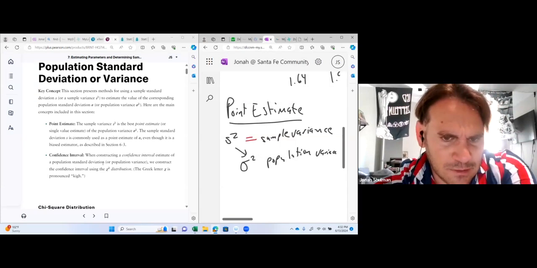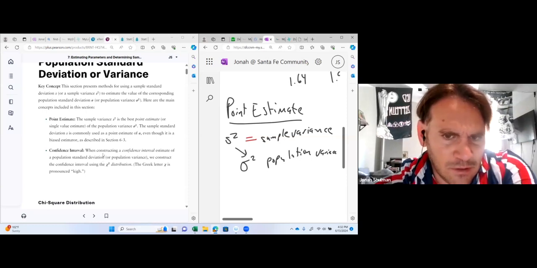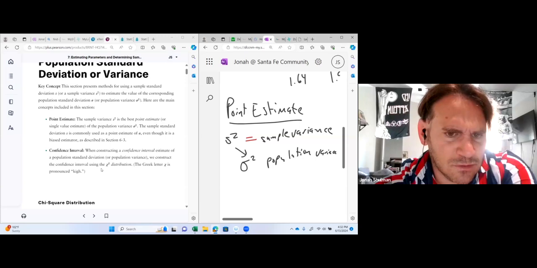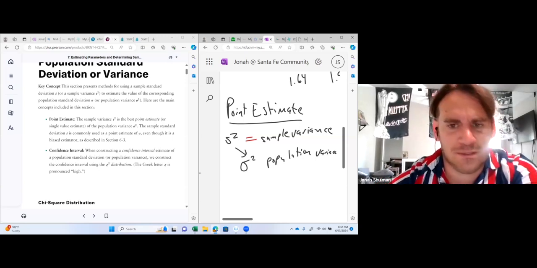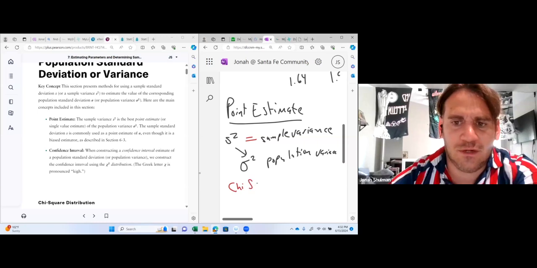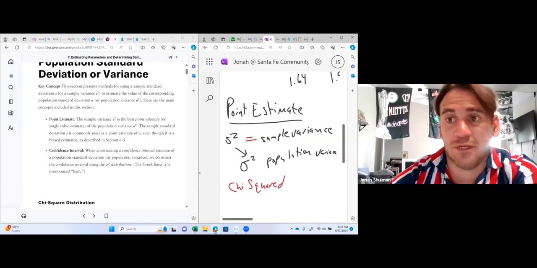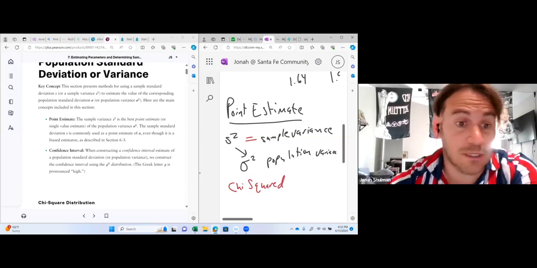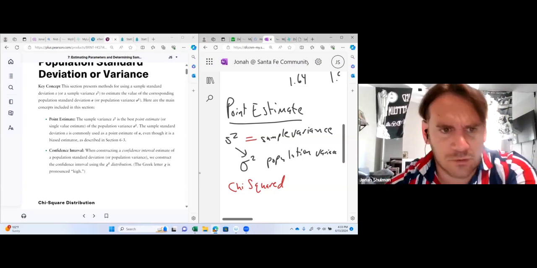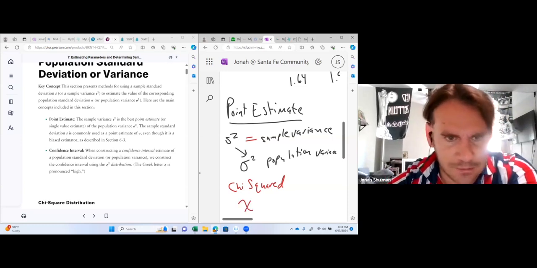One, conduct a confidence interval estimate of the population standard deviation. We construct the confidence interval using a chi-squared. Sweet. Chi-squared. This is all leading up to when we can finally do a t-test and a chi-squared test, which will finally be nice. Oh, sorry. There's chi.